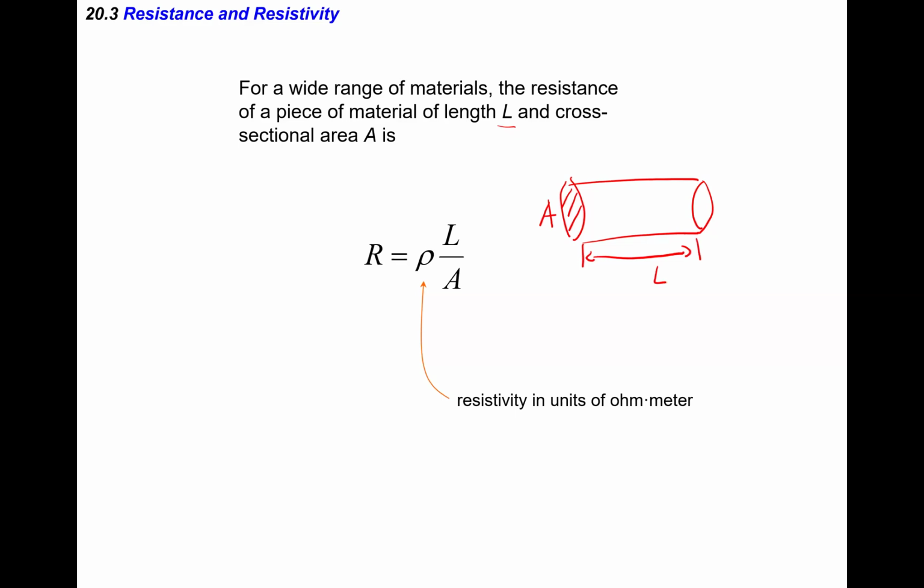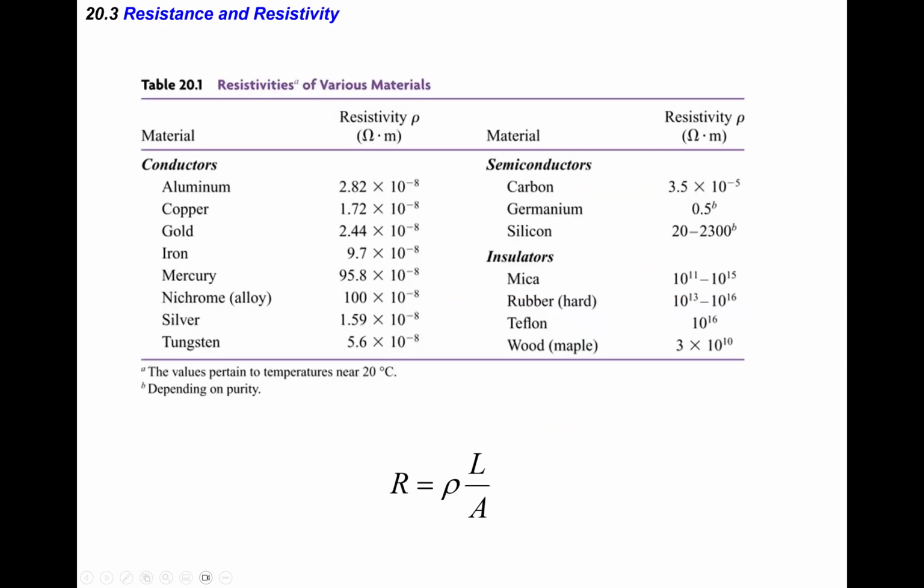How do we calculate the total resistance for a material that looks like that? Then R is proportional to L and inversely proportional to A, but it's also proportional to a constant, which is what we call resistivity. Okay, so resistivity is in units of ohm meter.